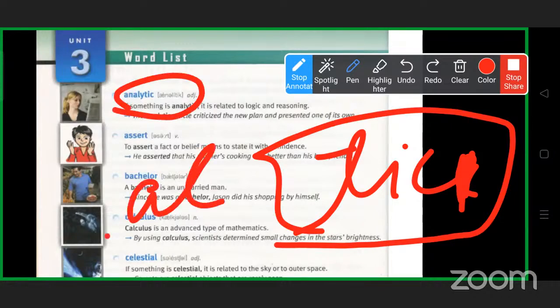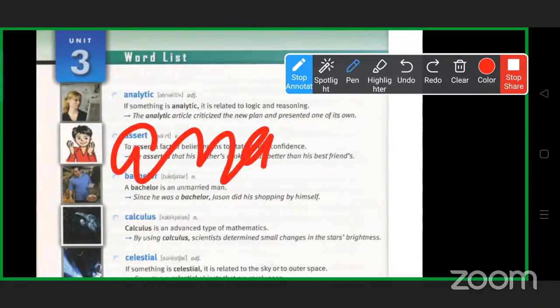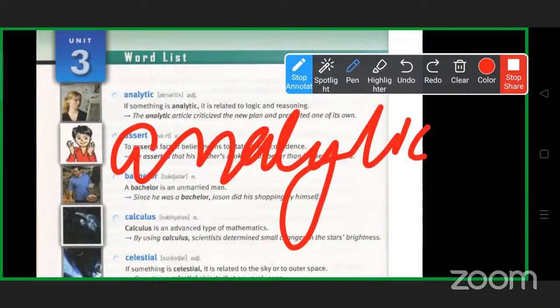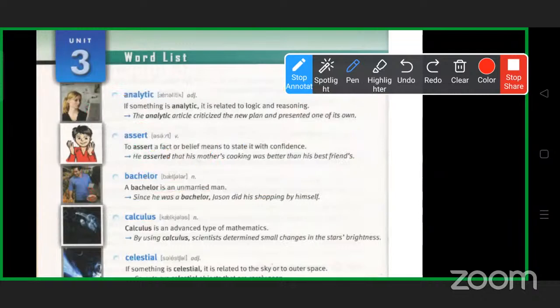Al is a suffix only we have used after analytic, you see. So analytical is used when the person is logical, or the things are logical, or anything that you're talking about is logical in nature, then you can use that one. It is related to logic or reasoning.